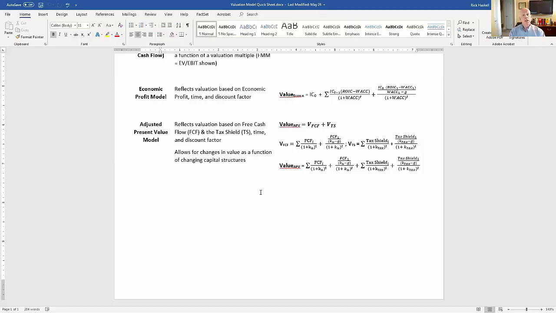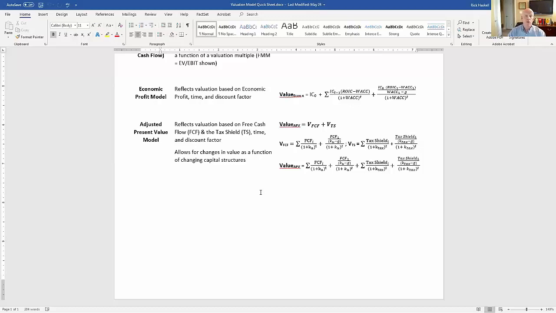So we're going to look at a model form here, the adjusted present value model, that includes both free cash flow, discounted for rate and time, and the tax shield, also discounted for rate and time, as two separate and distinct cash flows. Let me say that again. We're going to use free cash flow, discounted for rate and time, plus the tax shield, also discounted for rate and time, as two separate and distinct cash flows.